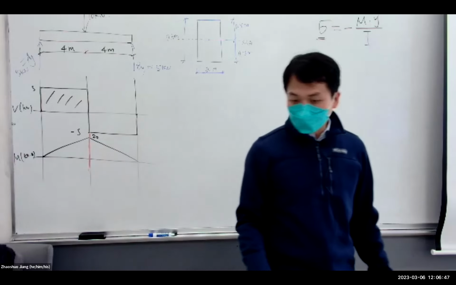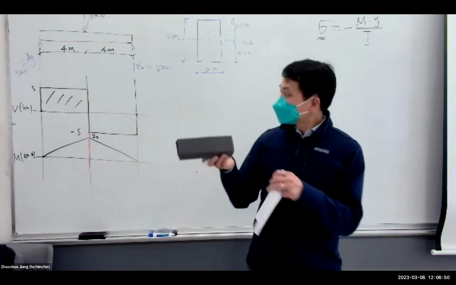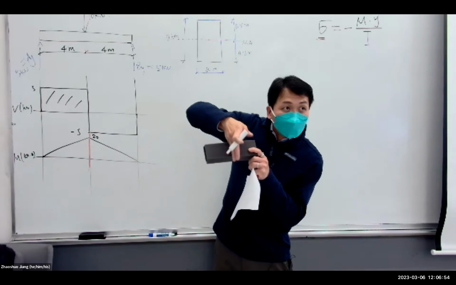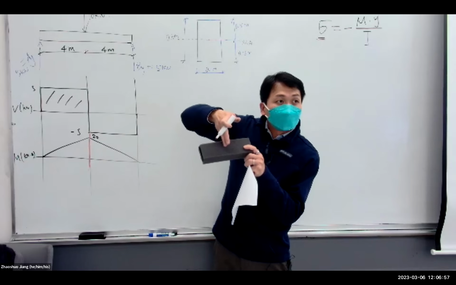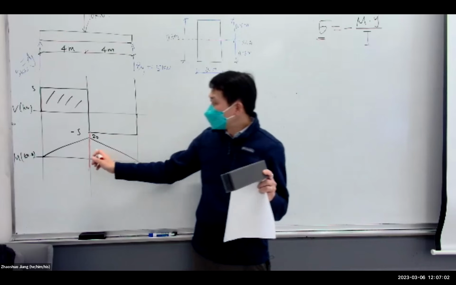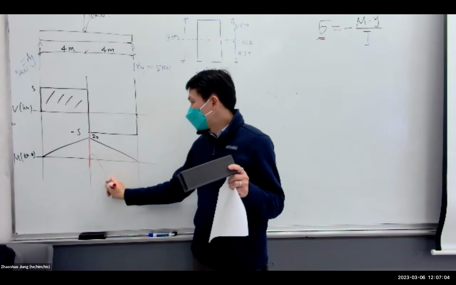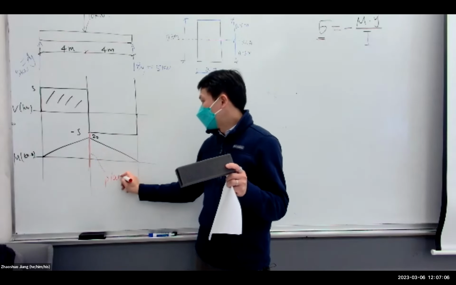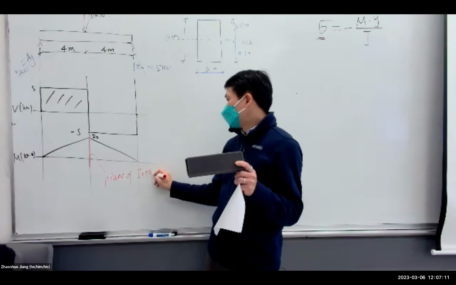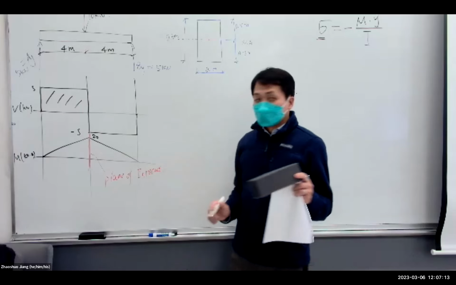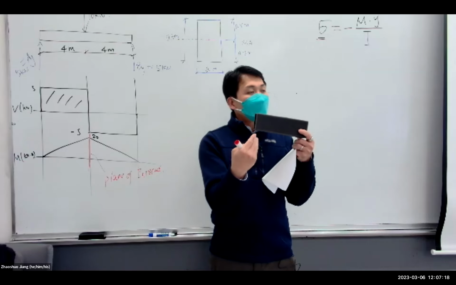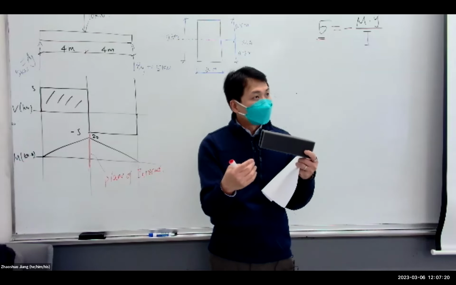Meaning if this is the beam, the middle of the beam, this cross section here, has the maximum normal stress. So that is our plane of interest. So the first step is to find the plane of interest where the maximum moment is located.